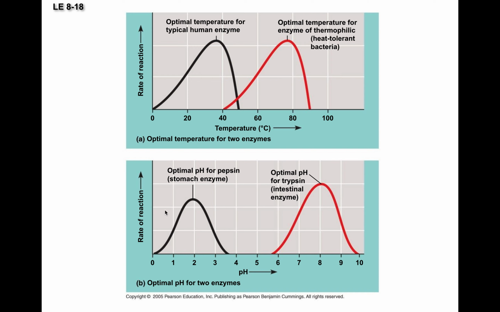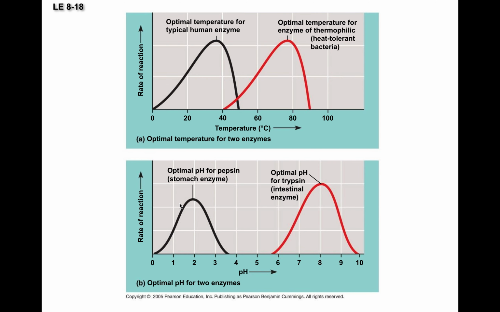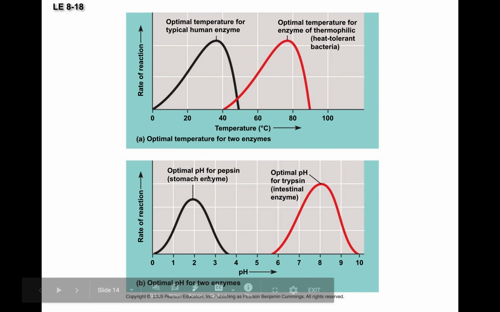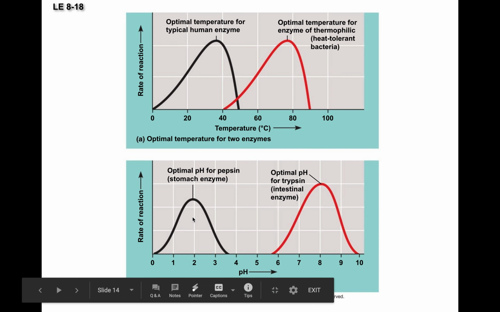Within the human body as well, enzymes have all a variety of requirements and properties. For example, pepsin, the enzyme for breaking down proteins in the stomach, works perfectly at a pH of 2, which is very acidic, in the stomach.